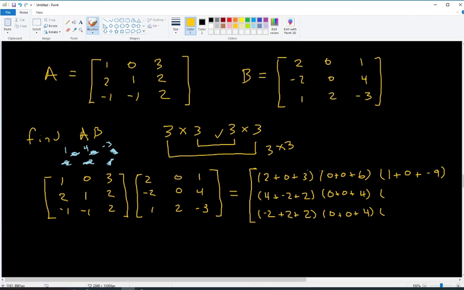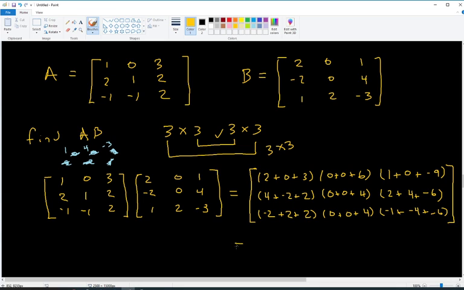Then we get 1 times 2 is 2. 4 times 1 is 4. Negative 3 times 2 is a negative 6. 1 times negative 1 is a negative 1. 4 times a negative 1 is a negative 4. And then negative 3 times 2 is a negative 6.